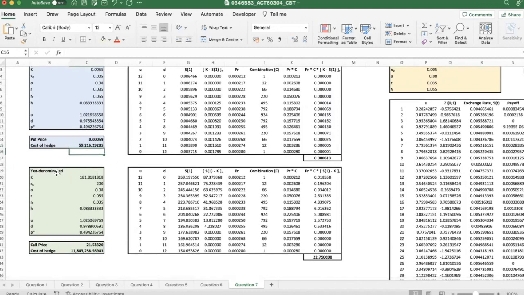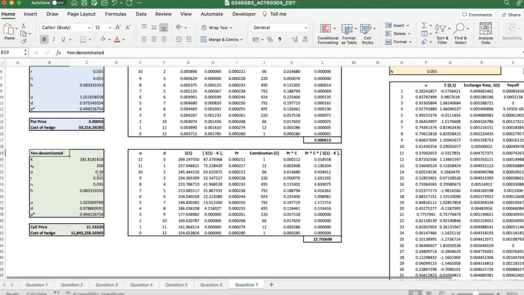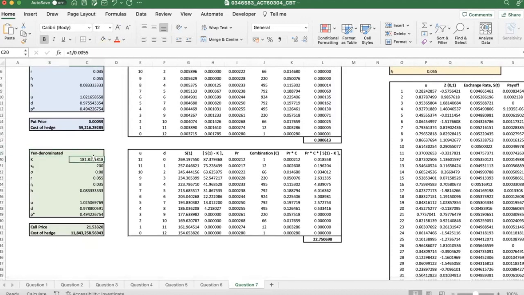For this question, we will also be using the yen denominated method to calculate our cost of hedging. As for yen denominated, we will have to convert the spot exchange rate and also the strike price by dividing 1 over the pound currency here, so we get it in terms of yen.